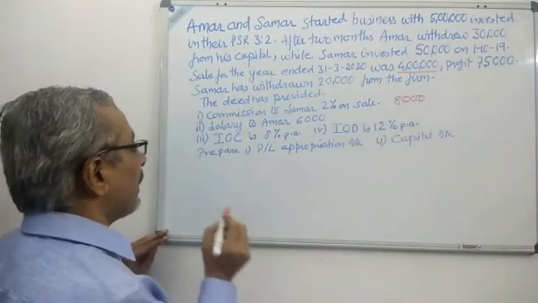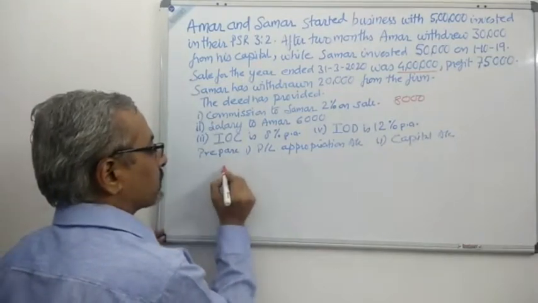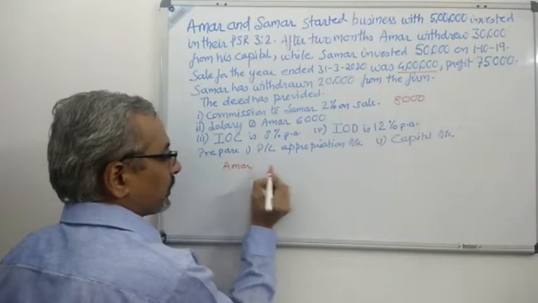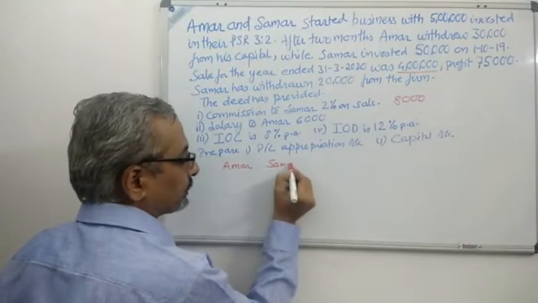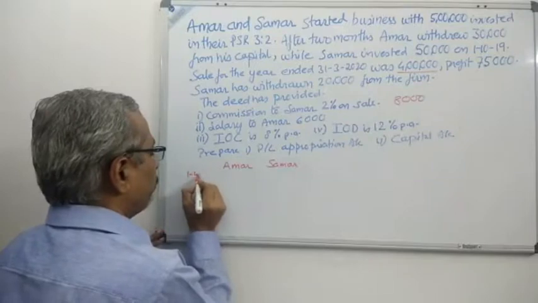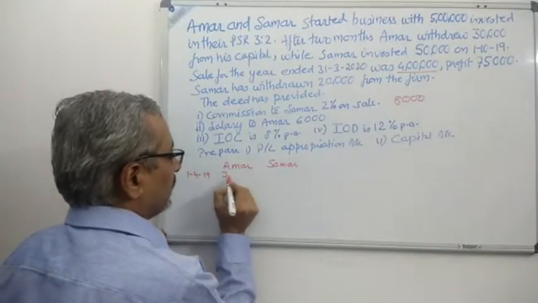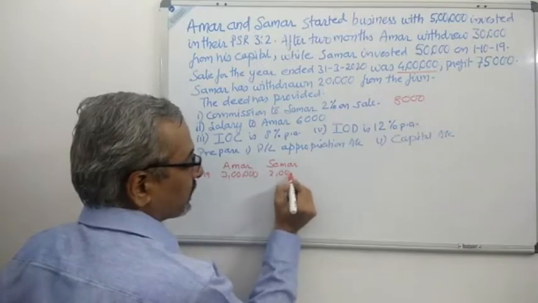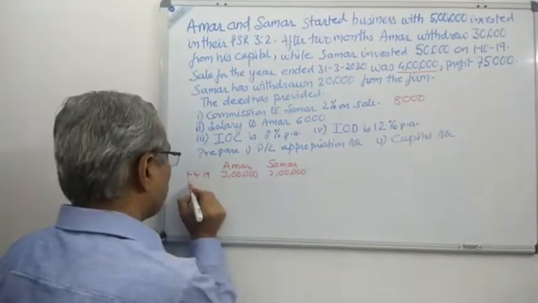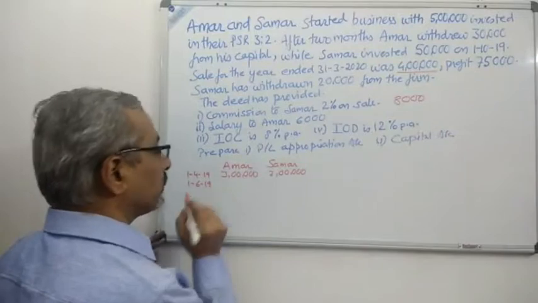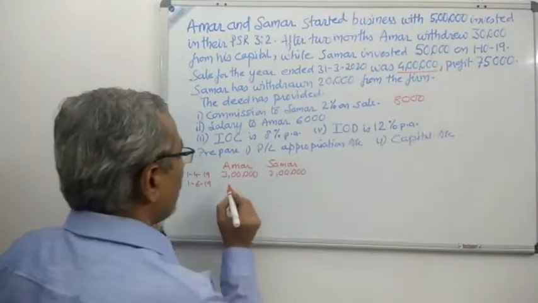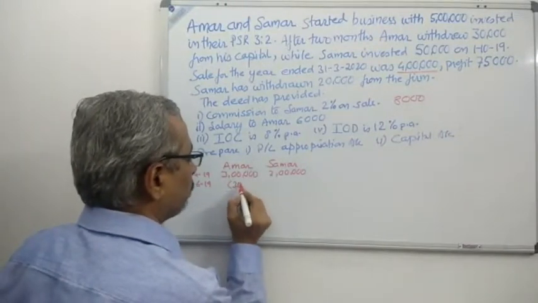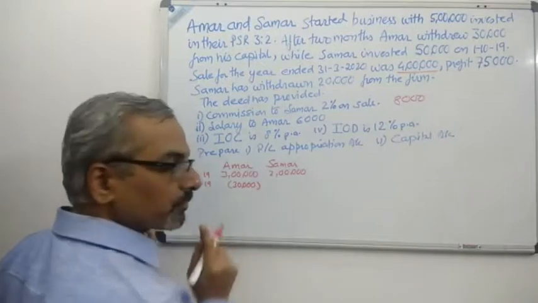Now if you see the capital structure, there are two partners, Amar and Samar. On 1/4/2019, Amar had invested 3 lakh, Samar had invested 2 lakh. After 2 months, that is on 1st June 2019, Amar has withdrawn 30,000 from the business.